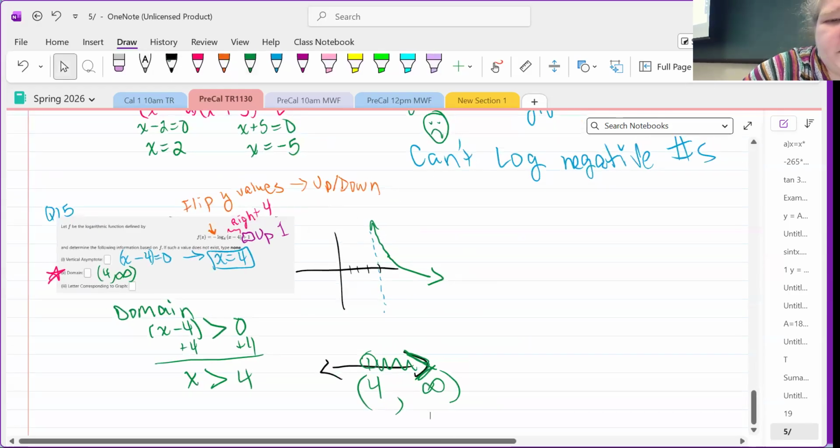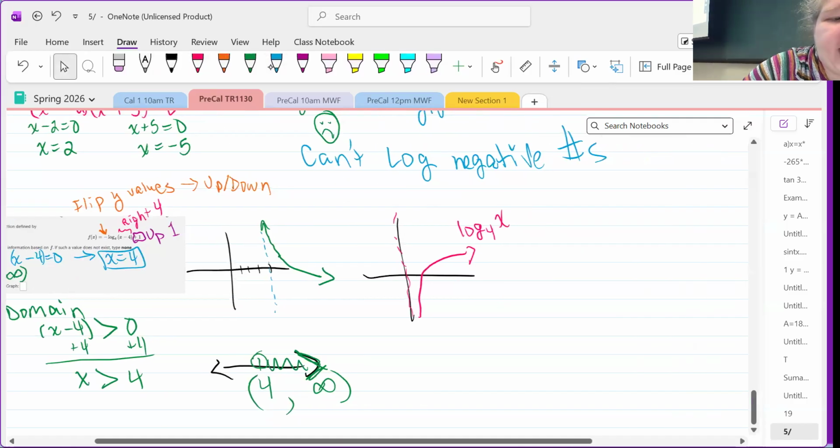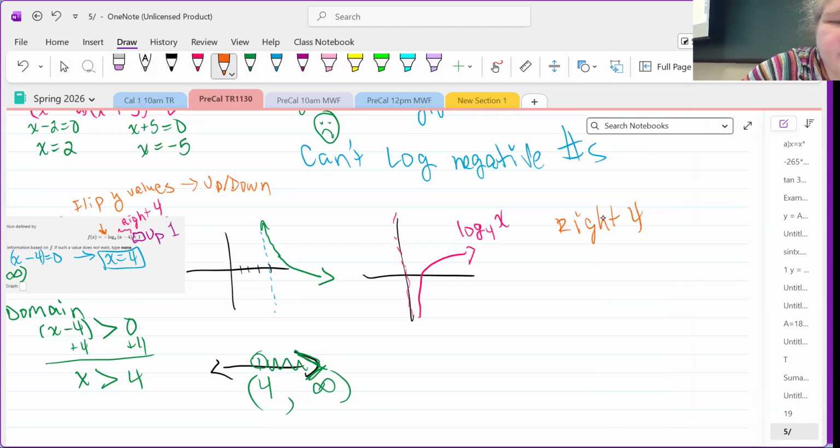So this is going to look a little weird, but here is what the original log base 4 of x would look like. It's got its asymptote at x equals 0. Then I'm going to shift it right 4, and then I'm going to shift it up 1.